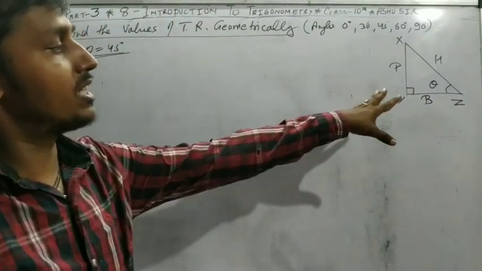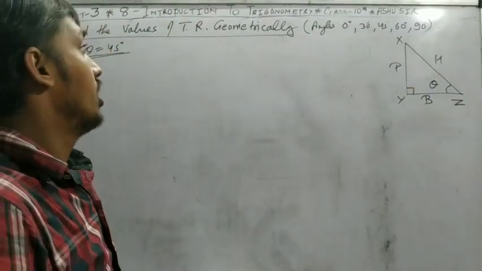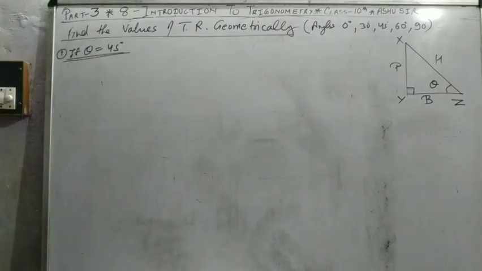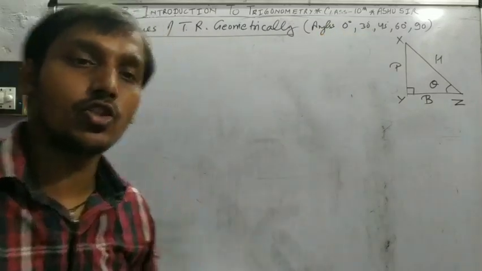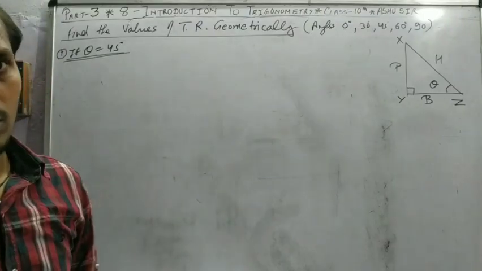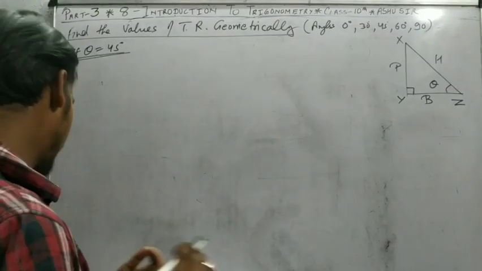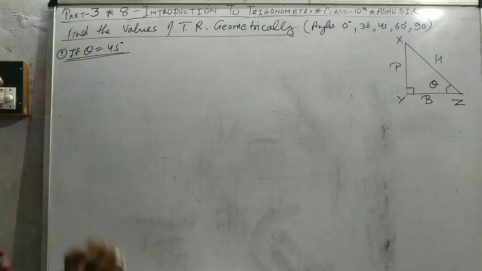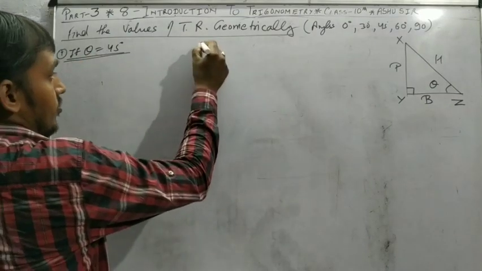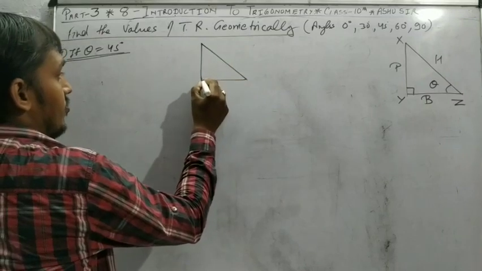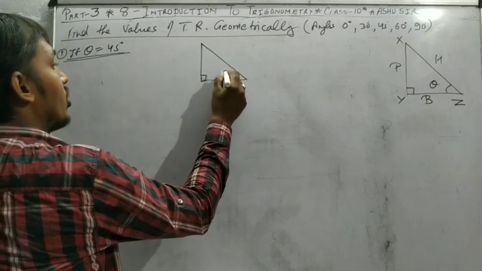So in this basic figure of the right triangle, we have to apply the conditions and find the values of all trigonometrical ratios of these angles geometrically. How do we find the values? Let's see. For theta 45, we take theta 45 degrees.